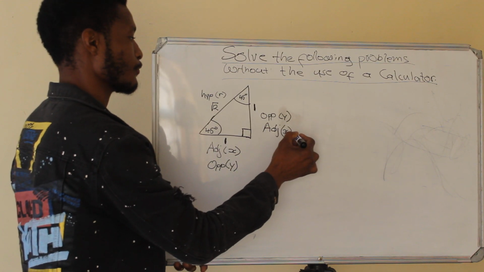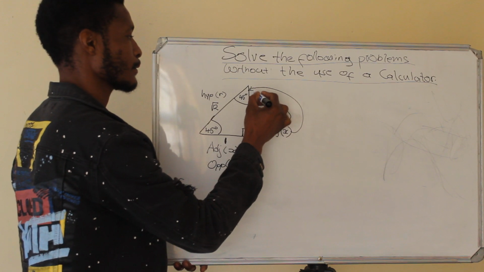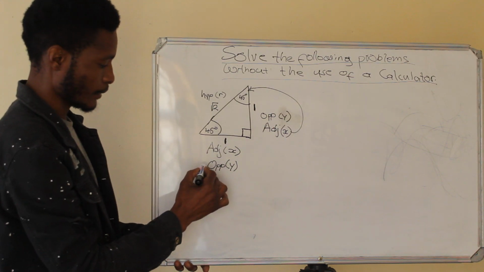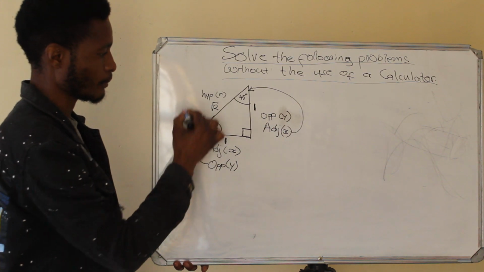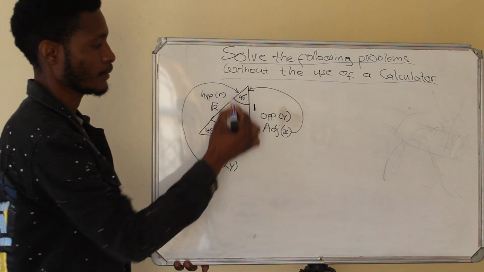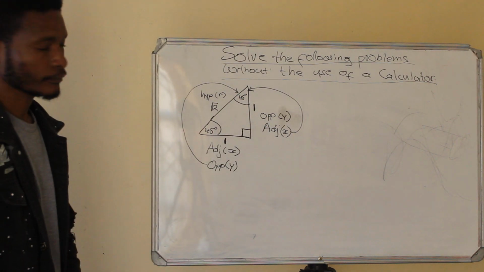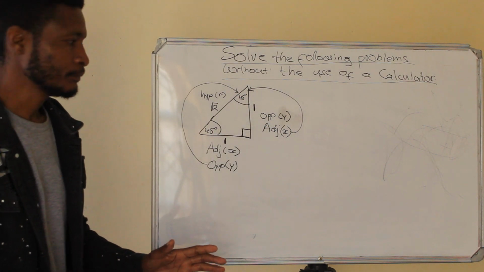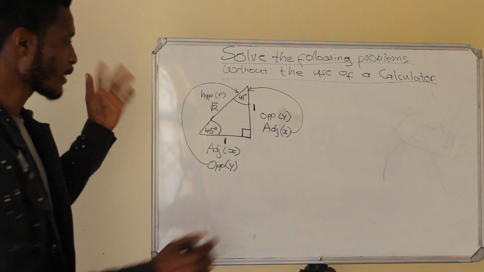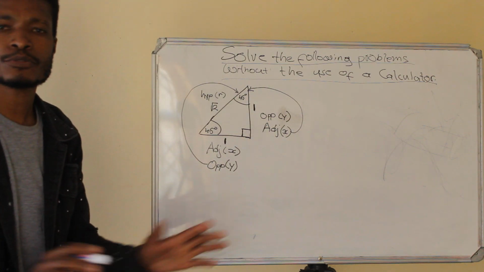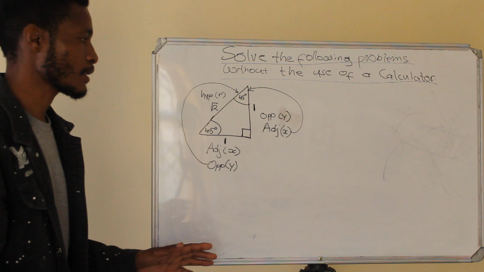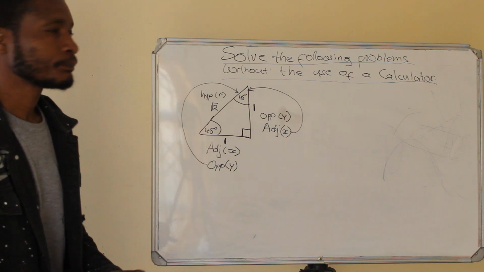So that's if you're talking about that angle, and this is if you're talking about that angle. Right. I hope that makes sense. Now the square root of 2, which is your hypotenuse, will always be your hypotenuse. There's nothing changing there. Alright?